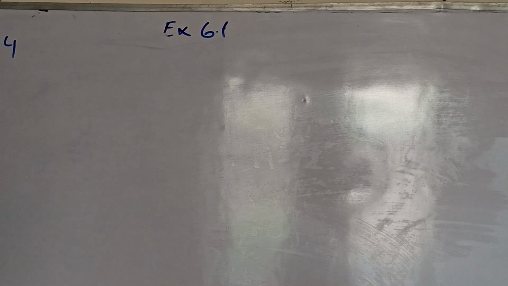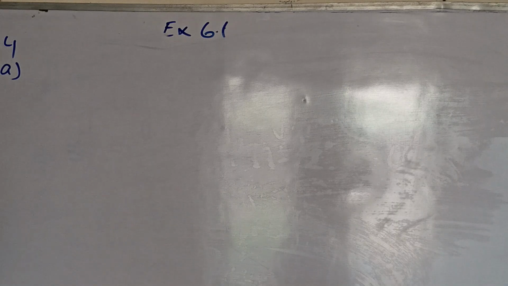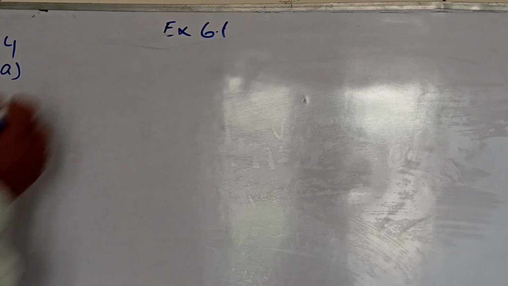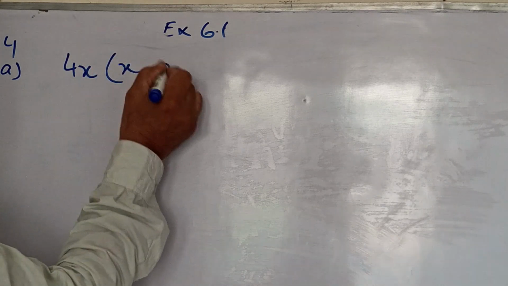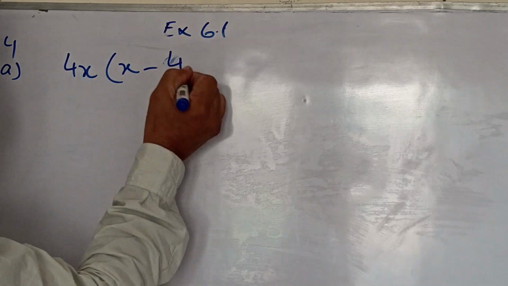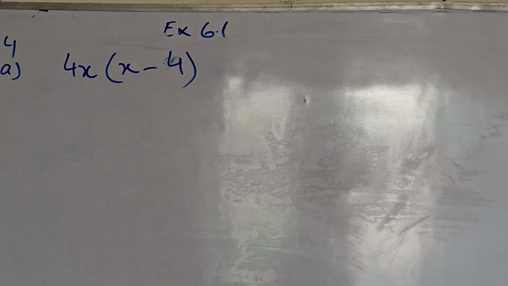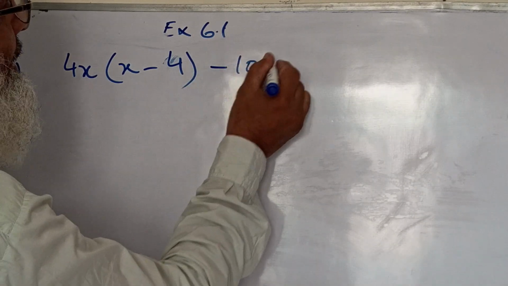Part A. Let me take part A, and that is 4x, x minus 4. It is 4x, x minus 4, minus 10x.